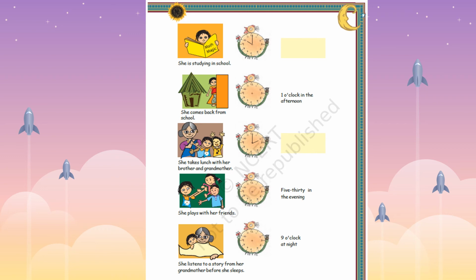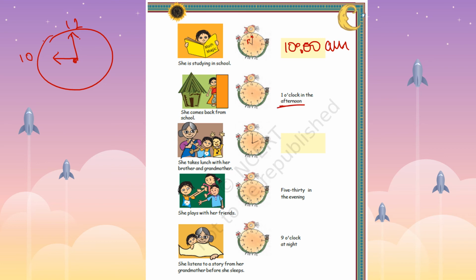What time is it? The hour hand is at 10 and the minute hand is at 12. That is 10 a.m. or 10 o'clock, right? Hour hand at 10, minute hand at 12. Okay.